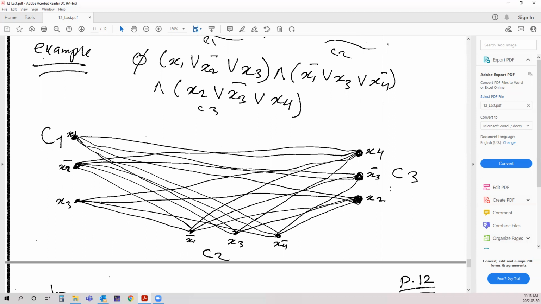There is no direct line between it and this one. x3 is the same. It will be connected with all literals except x3 or x3 complement. Is that clear, guys? Do you have questions?